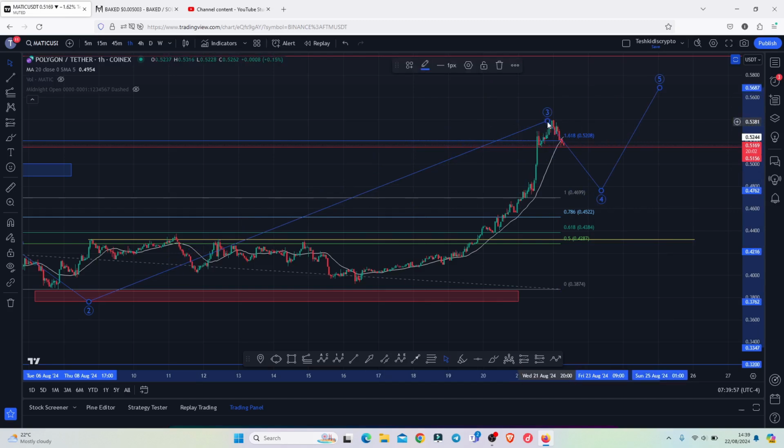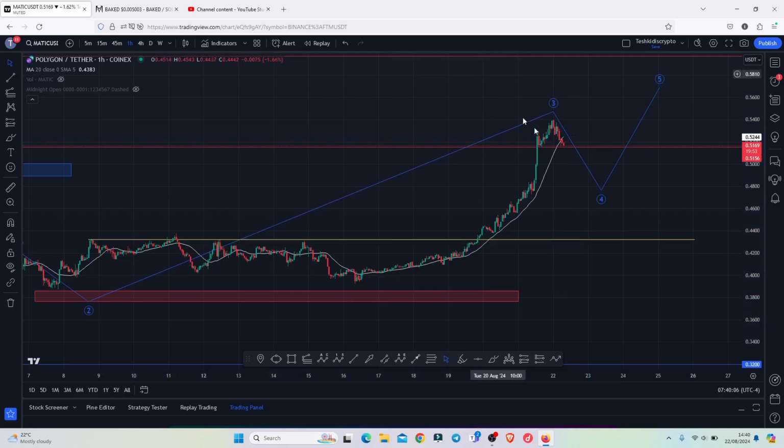And there are high chances that we now have a high in place in the formation of this Elliot wave count 3, and in the next coming hours a pullback is imminent in the formation of this Elliot wave count 4.